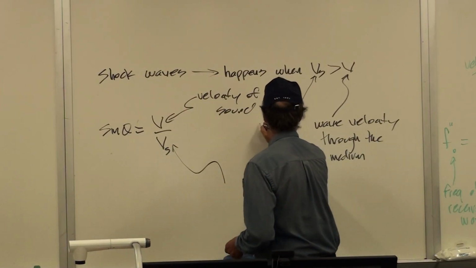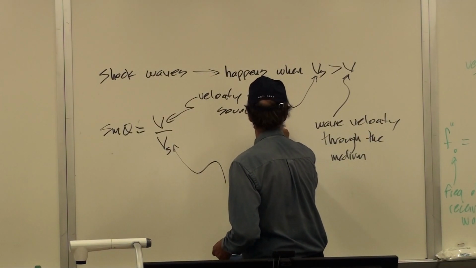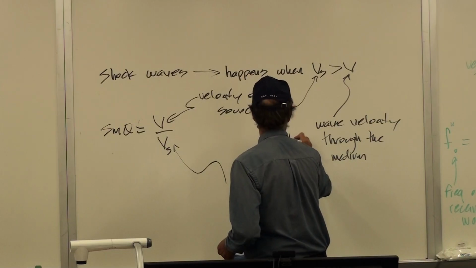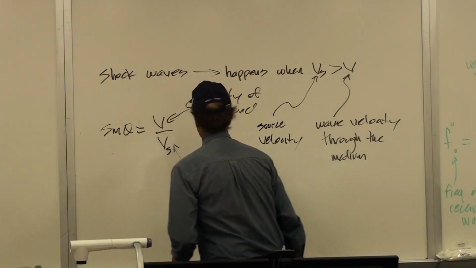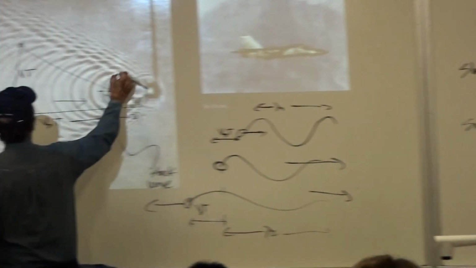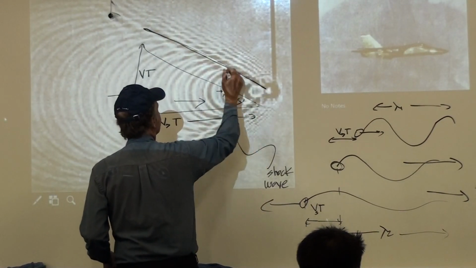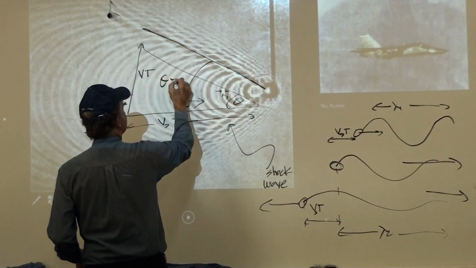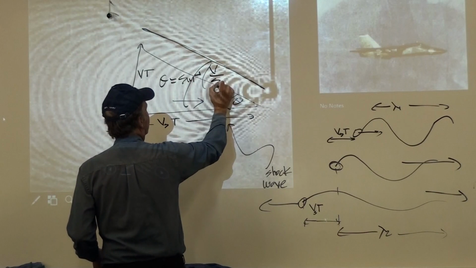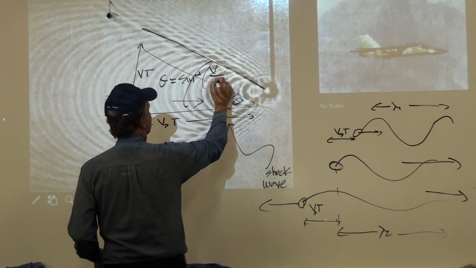Okay, and so this is the source, the sound source velocity. Okay, and so that means that this angle theta that we can measure here that's associated with the shock wave front, this theta is equal to the inverse sine of the velocity of sound divided by the velocity of the source.